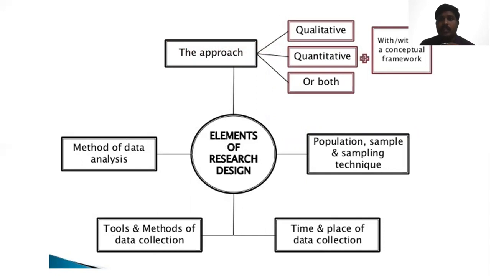So the elements of research design have been given to you through a diagram. The five things are very important. One is the approach, another one is the method of data analysis, the population or sampling technique, tools and methods for data collection, and time and place of data collection. So they have a connectivity in between.